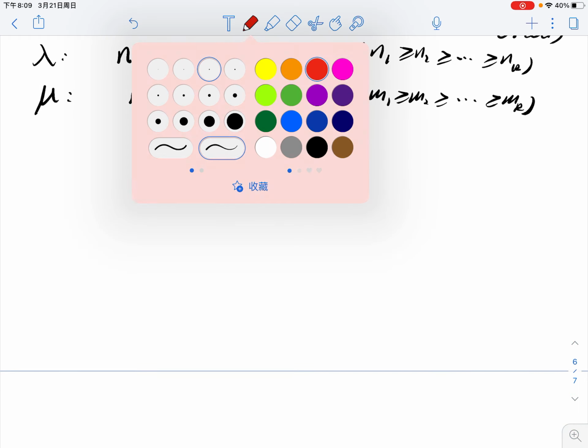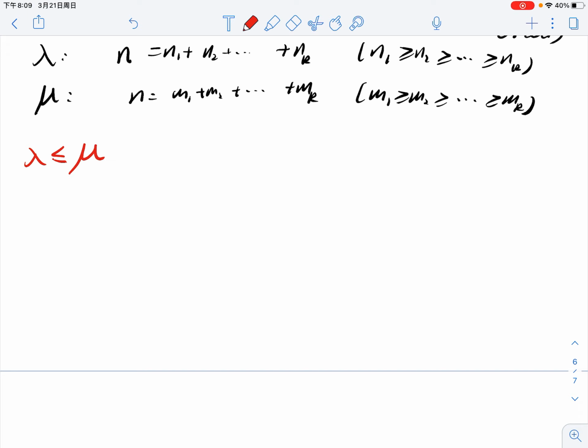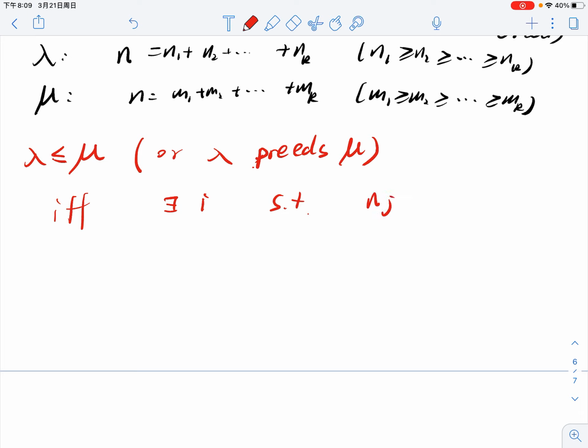And then lambda is less than or equal to mu, or sometimes in the lexicographic order, we would like to say lambda precedes mu, if and only if there exists i such that nj equals mj for j less than i and ni is less than mi.